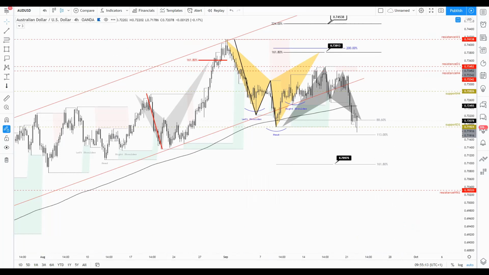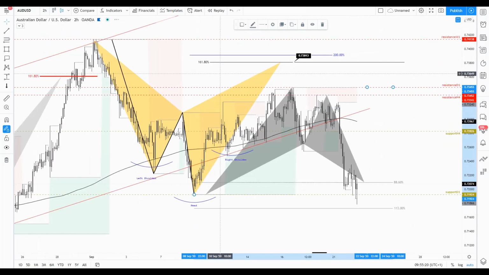The Australian dollar is also facing the 88% Fibonacci extension, as I shared yesterday. We need to go into a lower time frame. So we have not a double top, not a double bottom, obviously, but we have one eventual false breakout below these lows. If that happens, we may see the price reacting and searching for an extension above.